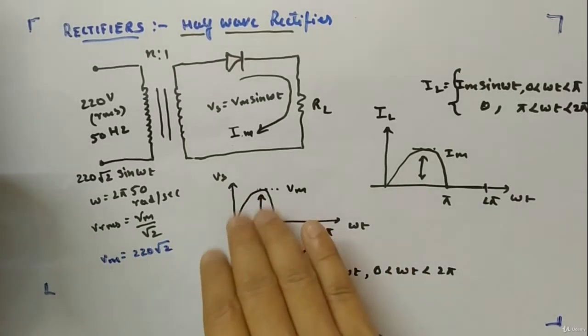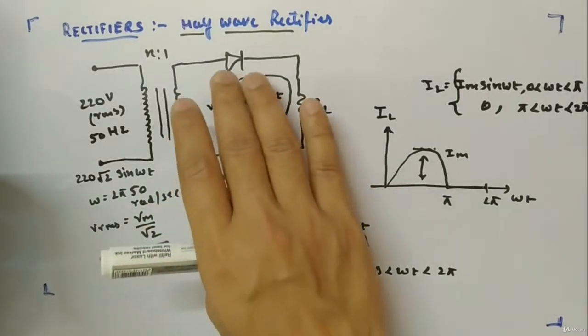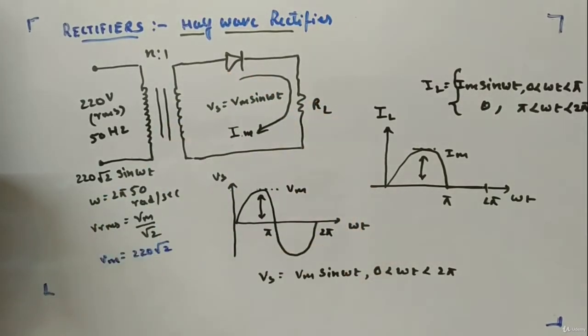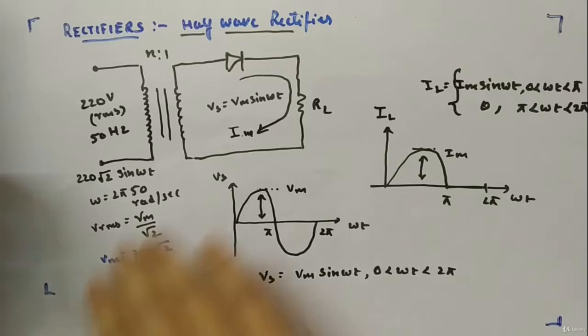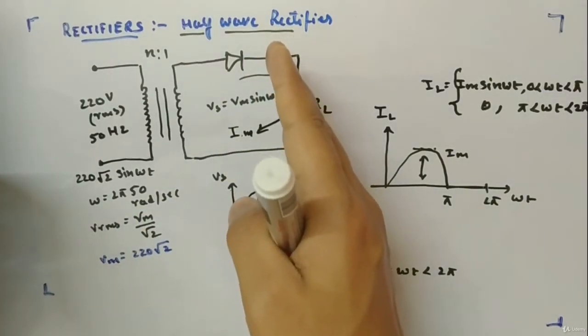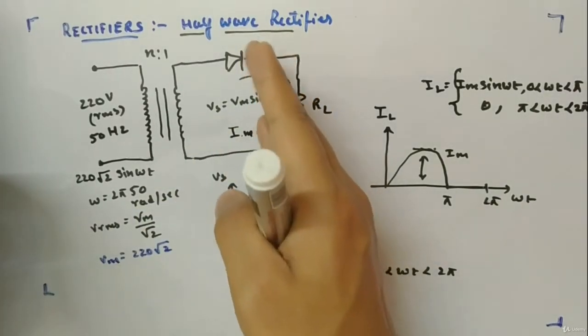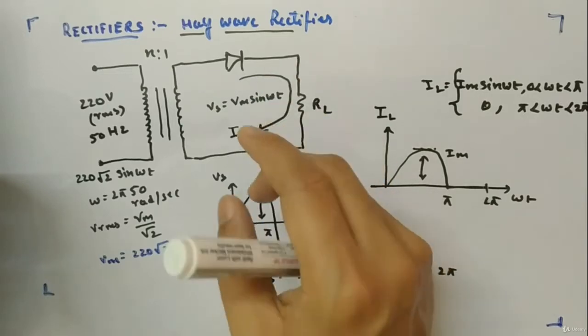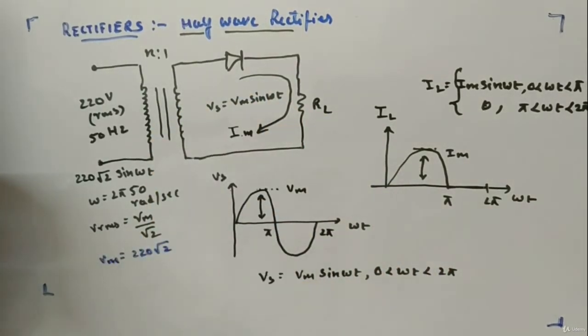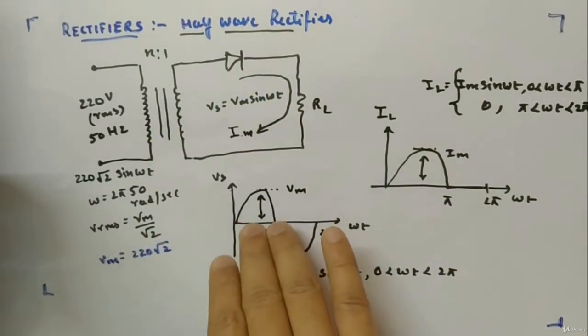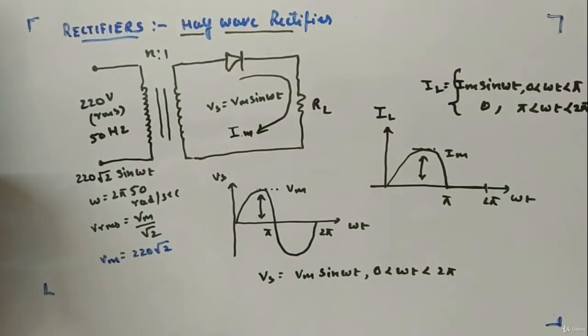For positive half cycle only the diode will conduct, and for negative half cycle it will not conduct, because there is nothing on the right hand side of the diode, meaning n is not connected to any voltage source, whereas p is connected to Vs. In the positive half cycle it will short, and in the negative half cycle it will be open.